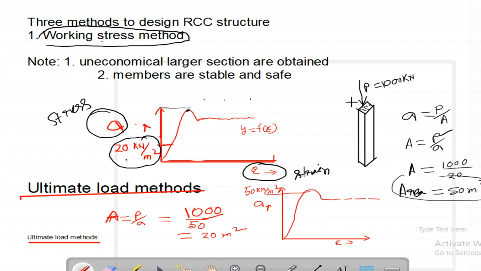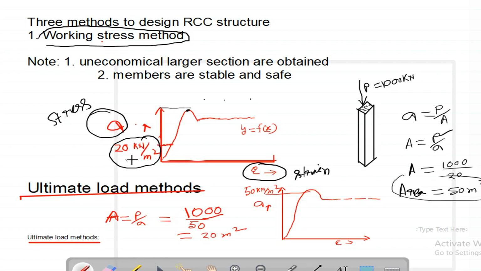When loading comes, along with loading the dimensions change, that means strain changes, and only after strain changes does stress change. Y is a function of x, so we always take the determining variable on the x-axis. That's why we consider strain on the x-axis and stress on the y-axis.